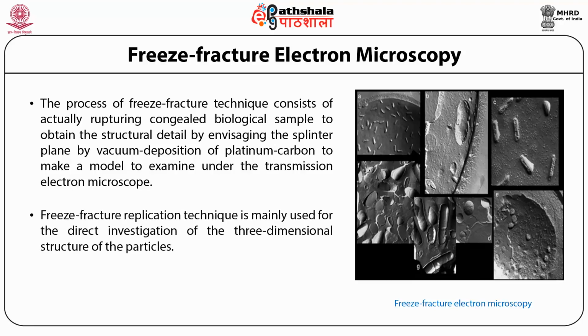Freeze fracture replication technique is mainly used for the direct investigation of the three-dimensional structure of the particles because it is in the freeze state and you can see the various planes after cutting various planes through the samples, and you can clearly see the surface characteristic, the complete surface morphology in the freeze state.